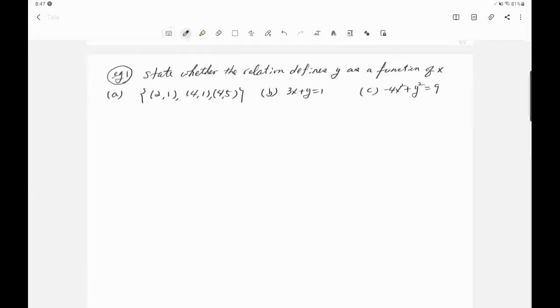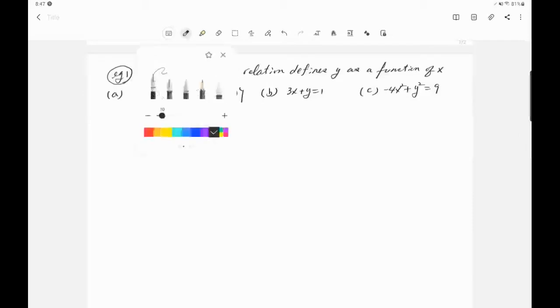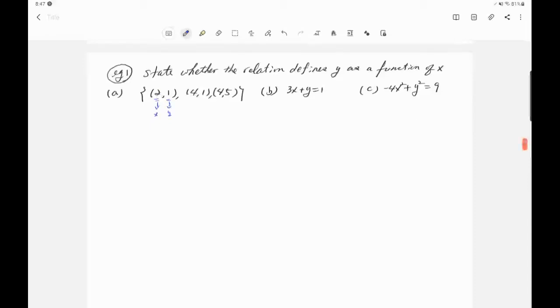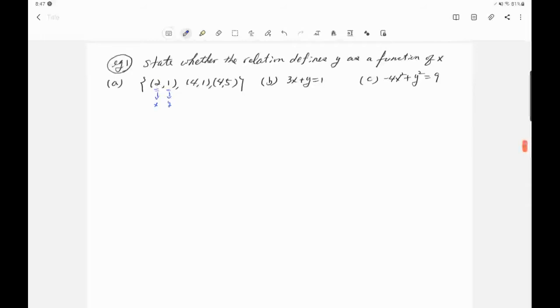Example 1: state whether the relation defines y as a function of x. y as a function of x means y equals something, so y is the dependent variable and x is the input variable. As you see this, this is an ordered pair, so this is the x value and this is the y value. When x equals 2, y is 1.